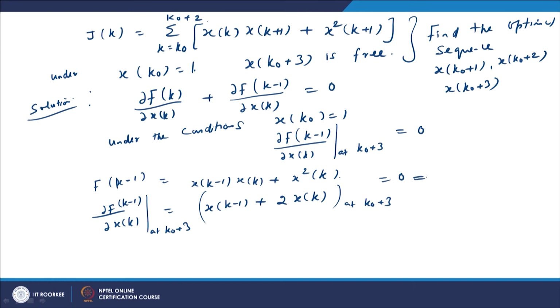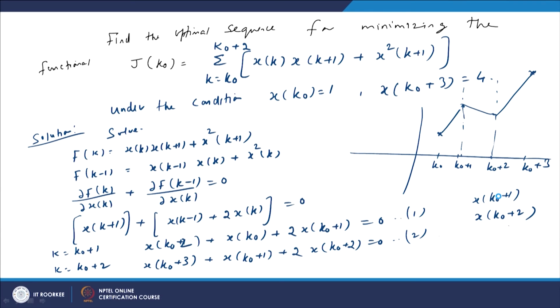So this implies x of k0 plus 3 minus 1, so it is k0 plus 2, plus 2 times x of k0 plus 3, that is equal to 0. So we get a relation between k0 plus 2 and k0 plus 3, and already we have the two equations, number 1 and 2.